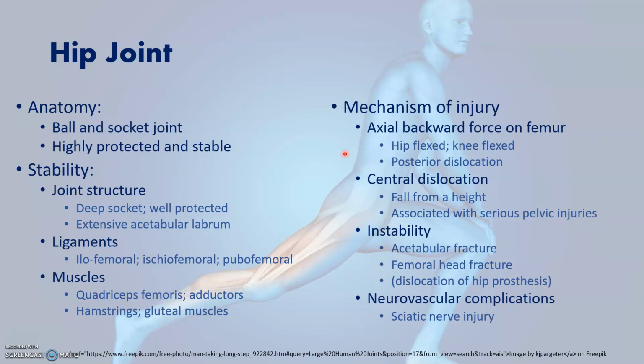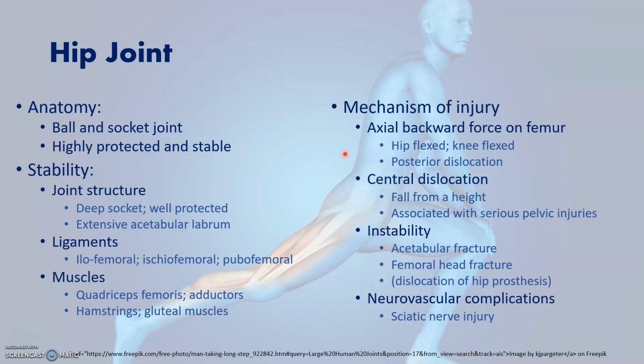Dislocated hips are notoriously difficult to put back in place, and usually once they go back, they're fairly stable. But fractures of the acetabulum or femoral head, particularly unstable or comminuted fractures, can lead to instability. It should be pointed out that hip prostheses are generally less stable than normal hips and are more prone to dislocation.